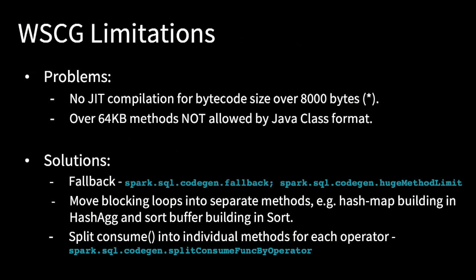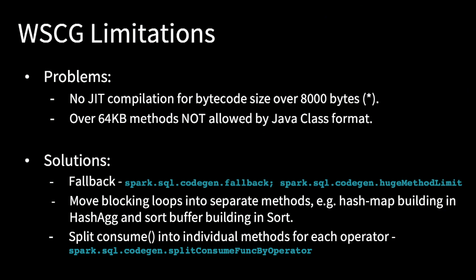But there are also a few solutions to these problems. The easiest one is to fall back to the old model if Spark ever finds out there's a generated method that goes beyond the size limit. Another way is to break up a method based on the known logic. For example, we talked about the blocking operator.